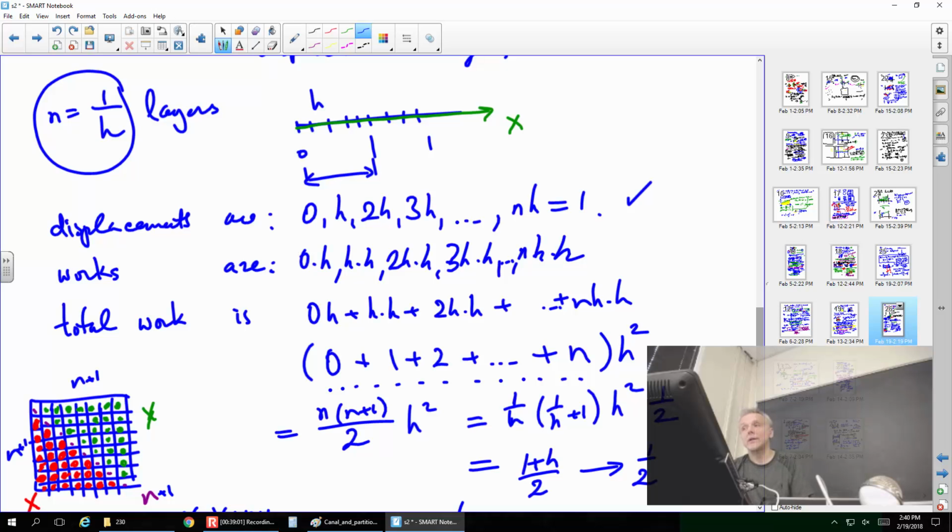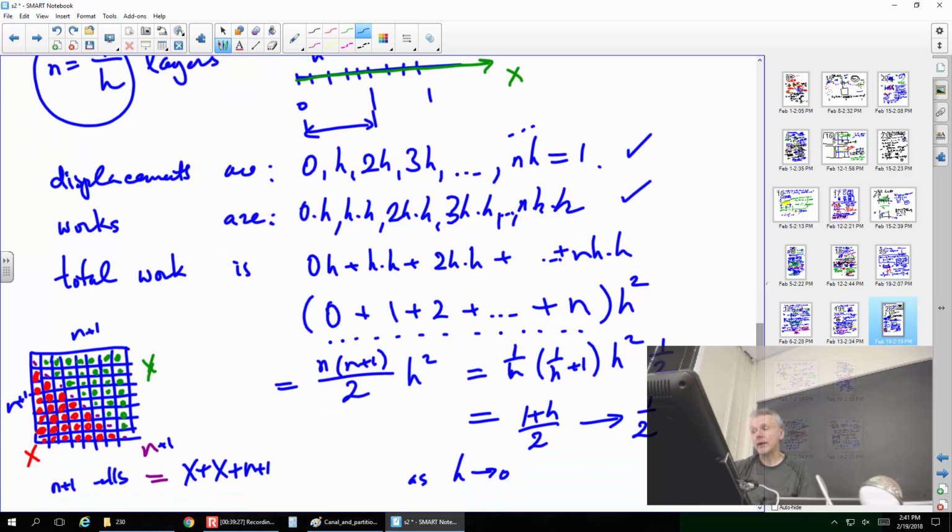That is, it's like over here, I take n steps along one layer at a time, and I reach the highest one to compute the work it takes to move each of these layers separately. I multiply the same displacements by h, the force, the thickness, and the total work is just to add these together. And then through the magic of algebra, I simplify that expression to end up with this.